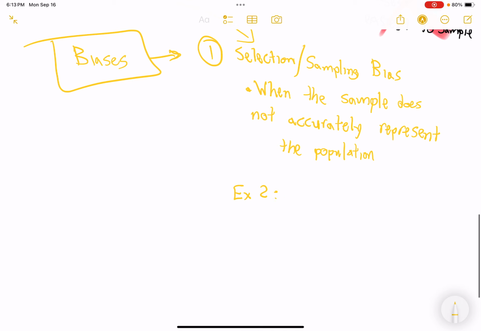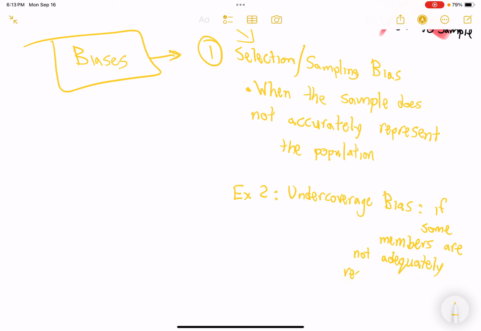We have some others too. I'll call this example 2. Undercoverage bias. Now again, you don't have to name it by name, but you should understand this idea, basically, that if some members are not adequately represented in your sample, that would be considered undercoverage bias.